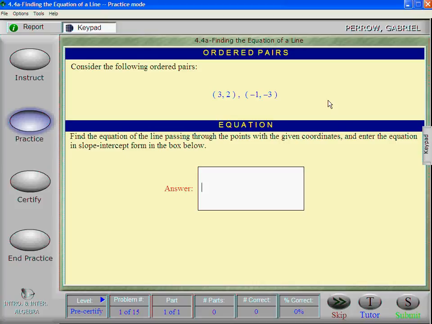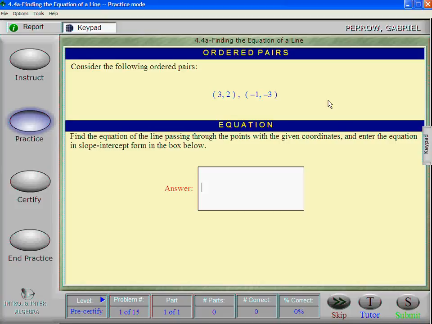When you see this type of problem, and actually many of the types of problems within this section, a lot of them are going to be two-part problems where the second part is always the same. The first part is going to be different depending upon the example.